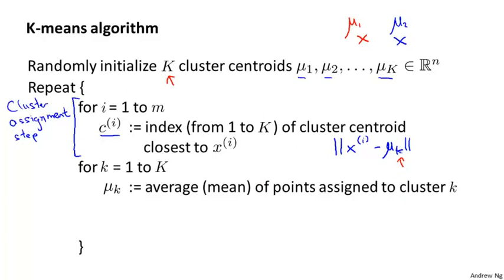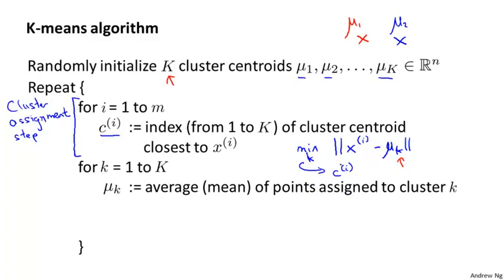So that's the distance between the example and the cluster centroid, and I'm going to find the value of lowercase k that minimizes this, and that value of k is what I set as ci.